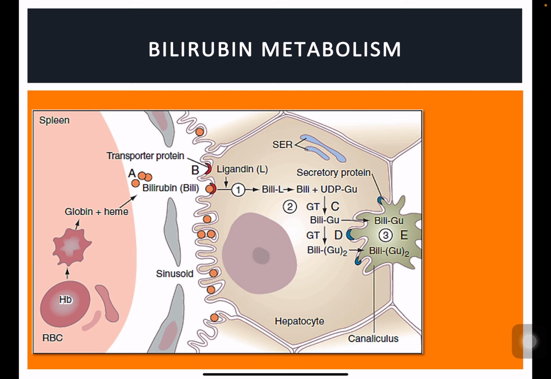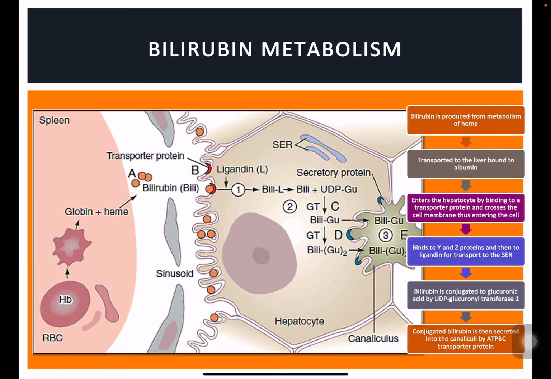Now let us review the bilirubin metabolism to understand further the disorders associated with the increase and the decrease of this analyte. So the bilirubin is produced from metabolism of heme primarily in the spleen, and it is transported to the liver bound to albumin and enters the hepatocyte or the liver cell by binding to a transporter protein.